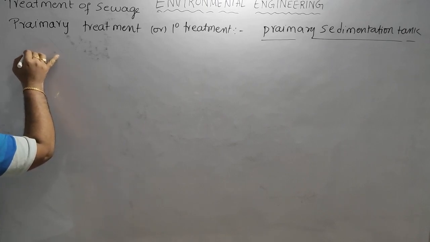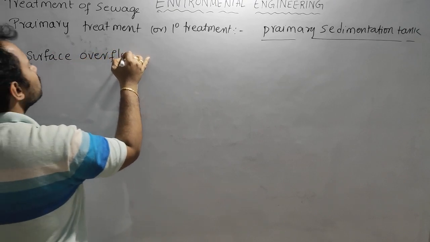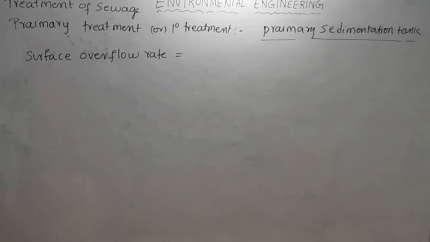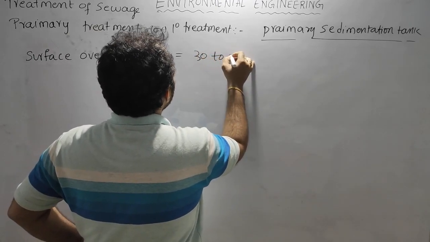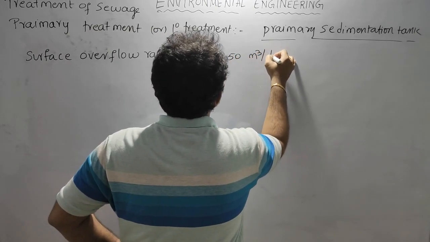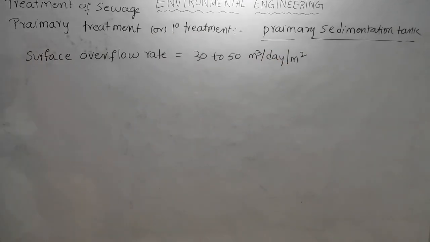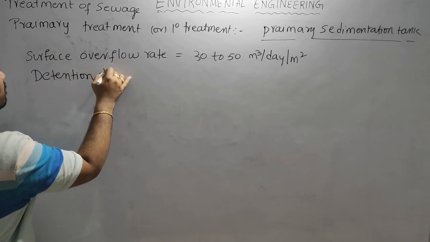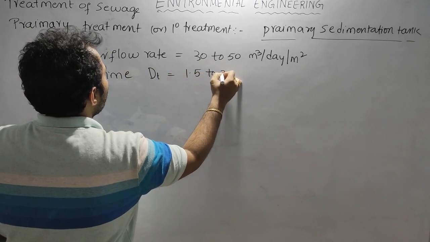The surface overflow rate we keep at 30 to 50 meter cube per day per meter square. For the detention time, we keep it around 1.5 to 3 hours.